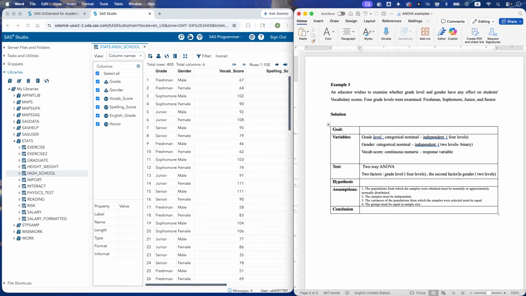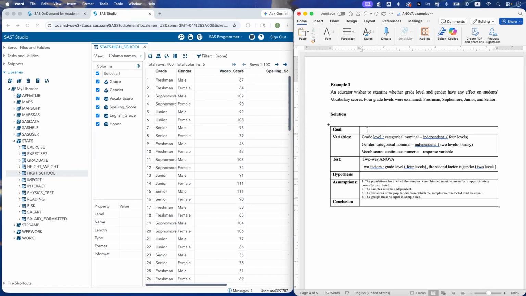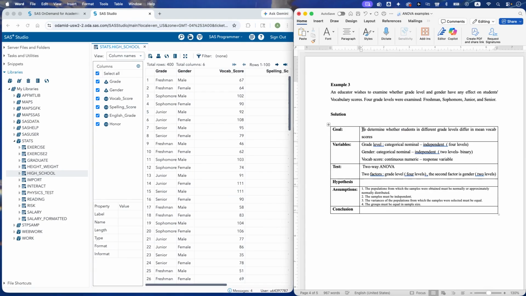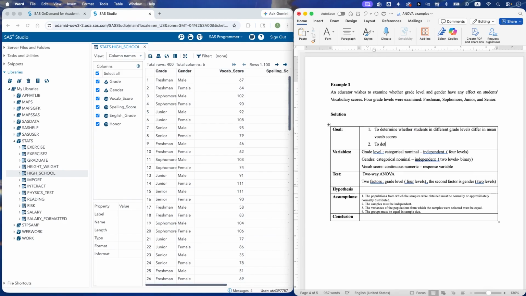The goal is that we are studying not just how the grade by itself affects the score, and how the gender by itself affects it, but also how both of them interact together. The first goal is to determine whether students in different grade levels differ in mean vocab scores. The second is to determine whether males and females differ in their mean vocab scores.